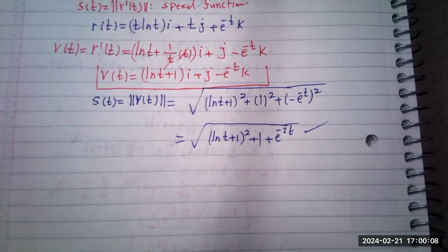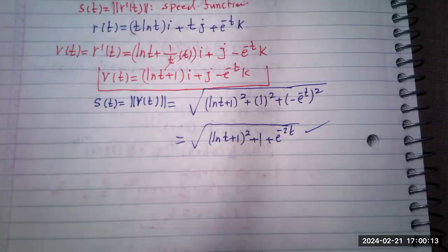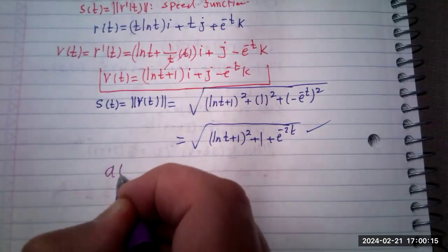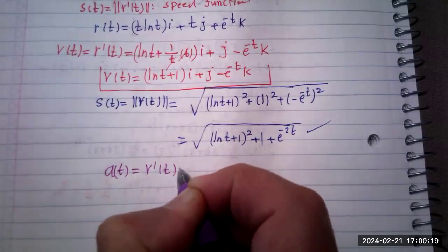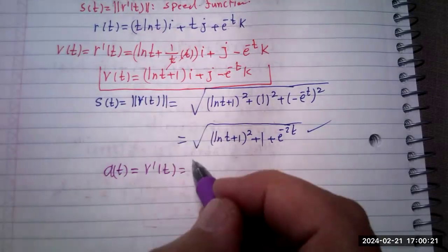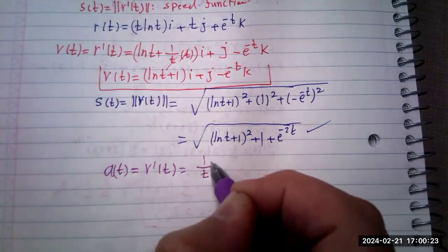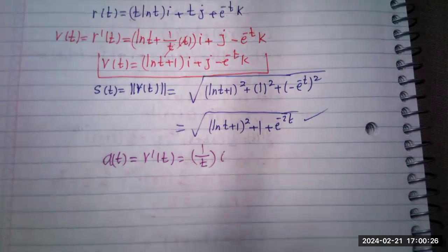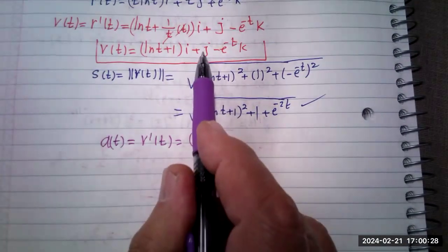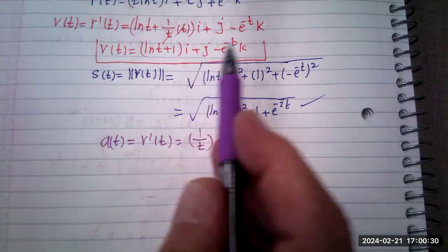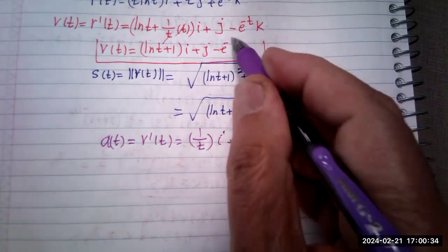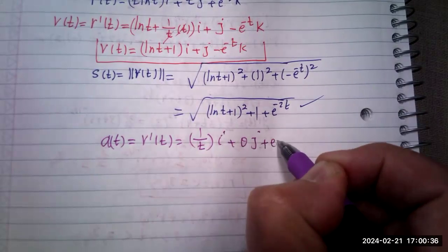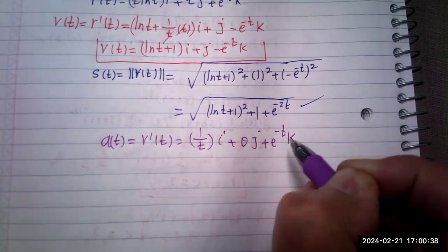So if you want to find the acceleration, you have to differentiate v of t. So to get the acceleration, you have to differentiate the velocity. Okay, it would be easy. The derivative of ln t is 1 over t times i. The derivative of j, the coefficient is 1, so it's going to be 0. So 0 times j, and that will give you plus e to the negative t k.